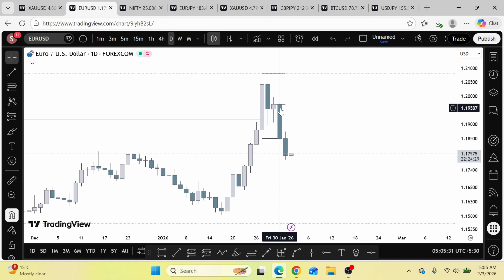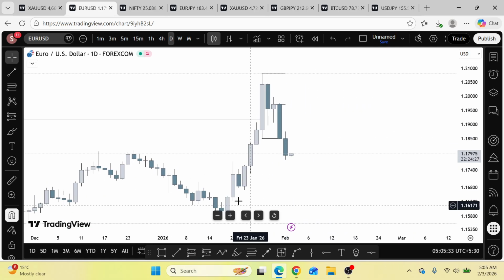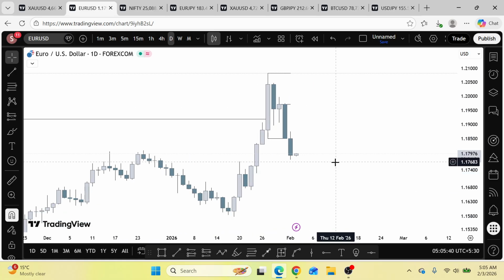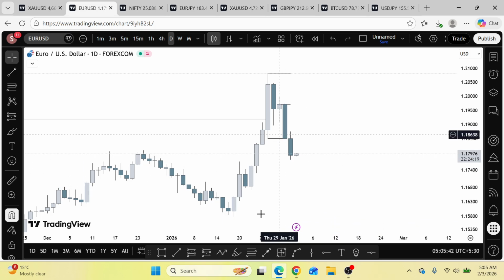So I was bullish on this daily time frame because of this move and running this high, not sweeping. Since I was bullish, I was expecting a sweep of lows. In the bullish scenario, the market always sweeps the lows and runs to highs, and in the bearish, the market sweeps the highs and runs towards the low.